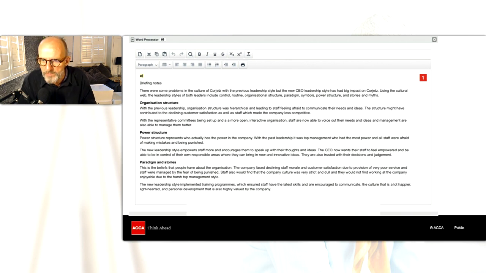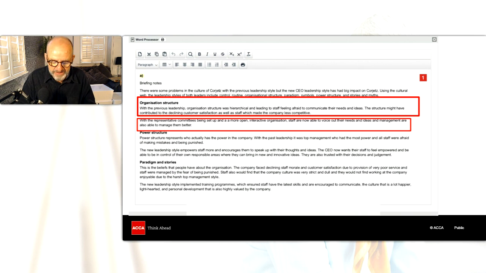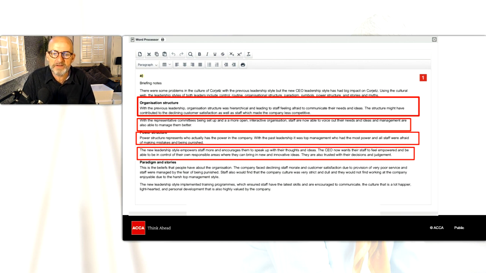To help the marker give you marks, you must make it easy for them to navigate through your answer. What you can see here is a lovely subheading. You can see white space. It is very clear when one point follows on from the next point. That is what you need to do in your exam.